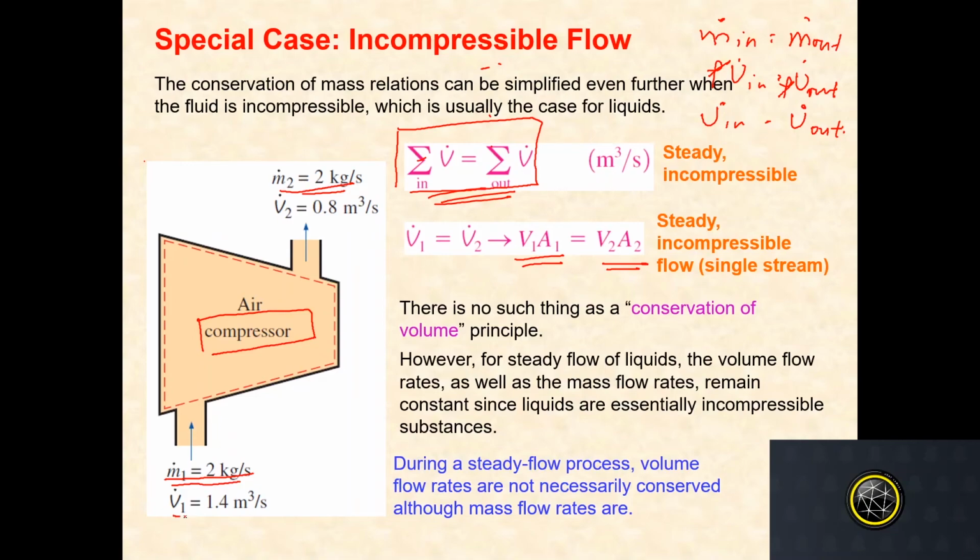But how about the volumetric flow rates? Different. The volumetric flow rate coming in is 1.4 cubic meters per second, and the one going out is lesser. So from here, we can conclude that the density at the inlet is lower compared to the density at the outlet. It is being compressed, that means the density becomes higher.